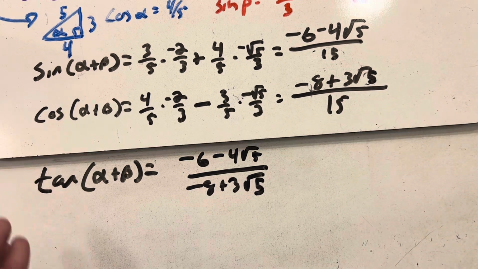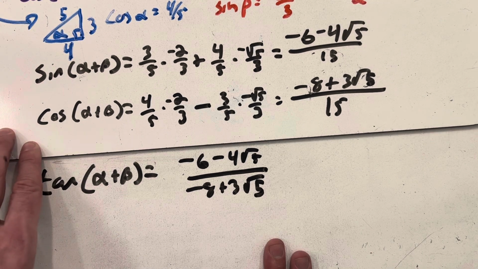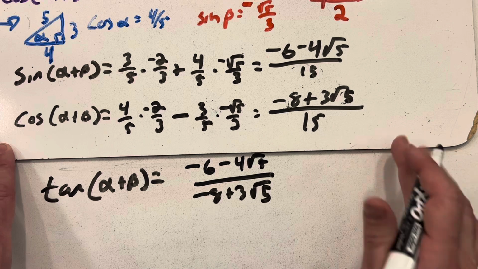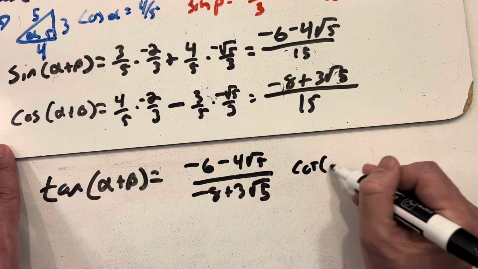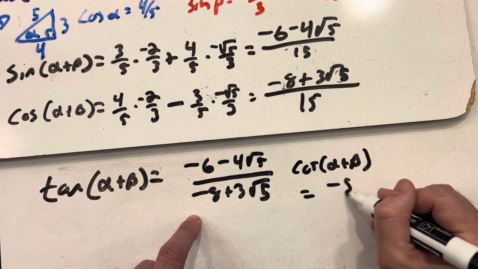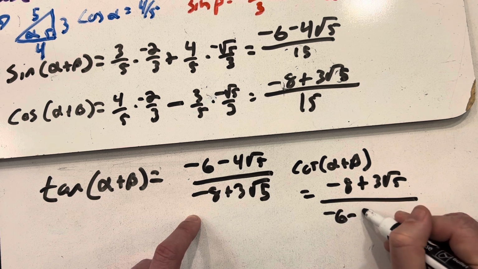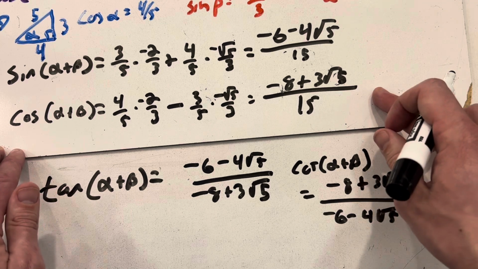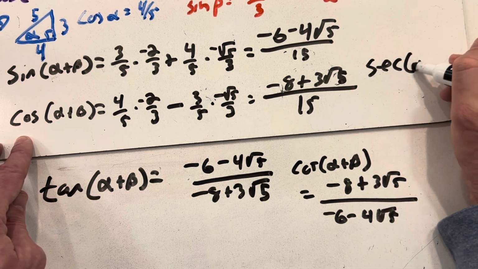There we go. Well, if I have cosine and tangent, of course, I can find cotangent, secant, and cosecant by taking reciprocals. Cotangent of alpha plus beta is then this upside down: minus 8 plus 3 root 5, all over minus 6 minus 4 root 5. Secant of alpha plus beta is going to be the reciprocal of the cosine.